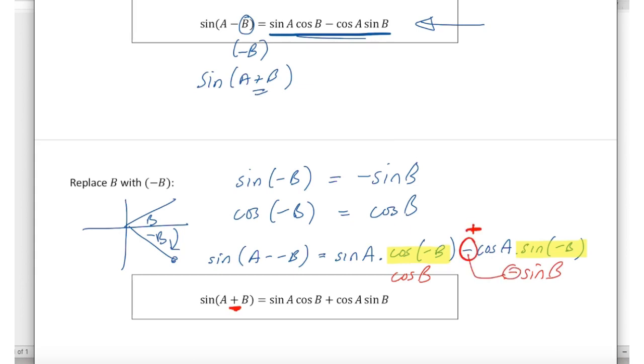And so we see that when we're doing the angle sum using sine, it becomes an addition. And we've created an angle sum identity for sine.